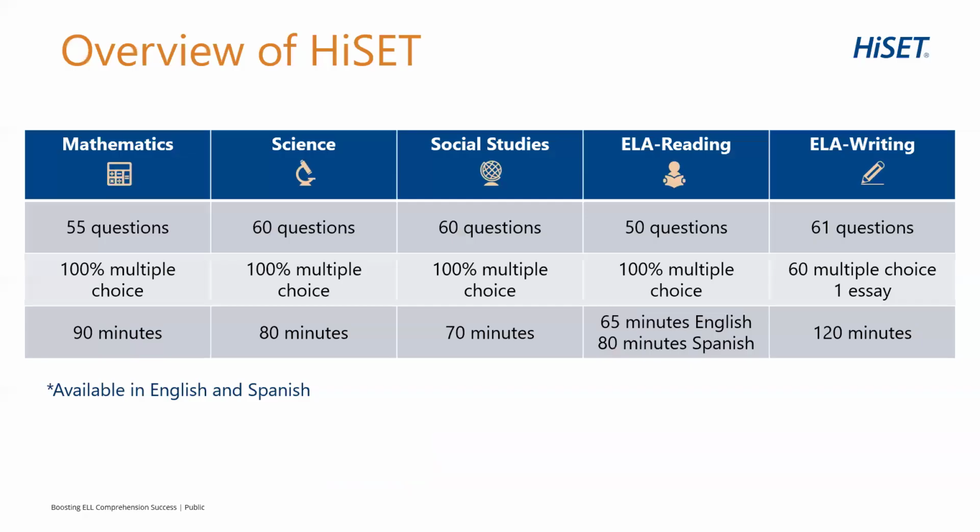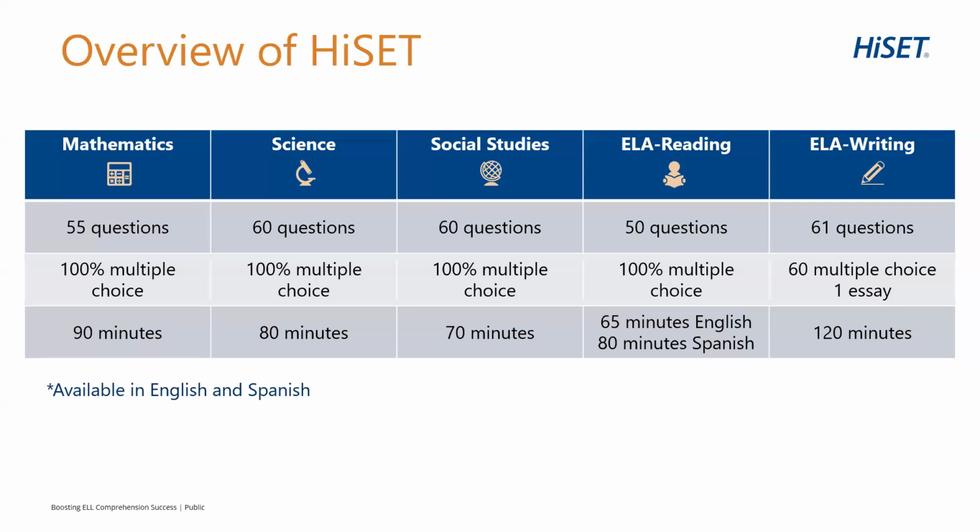So I'm just gonna go ahead and provide an overview of HiSET. I'm not sure if everybody is familiar with HiSET, so I'm just gonna give you a very broad overview of what each subject is about. So HiSET, we have 5 subjects. We have math, science, social studies, and for ELA, we break it down to reading and writing, so there are 2 separate tests. And as you can see, for each subject, we have from 50 to 61 questions.